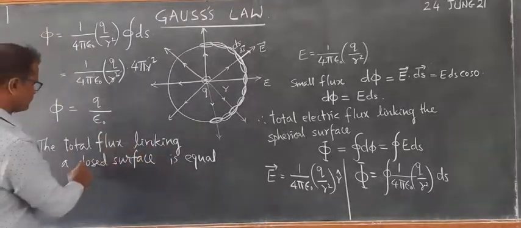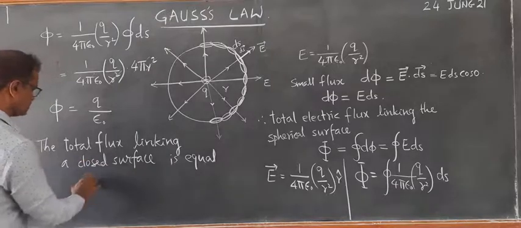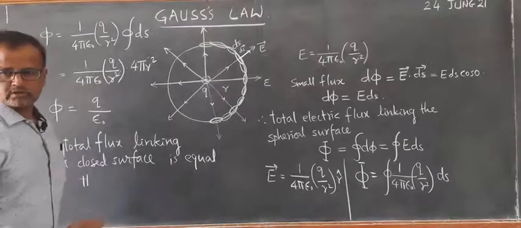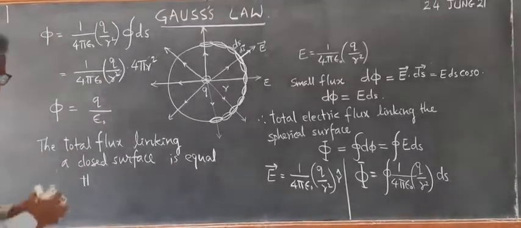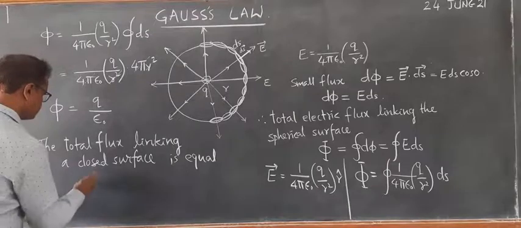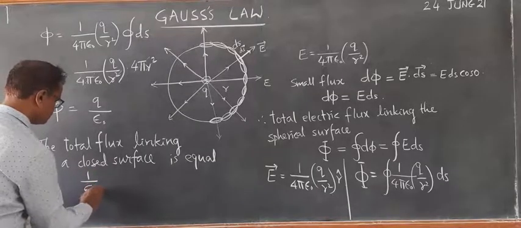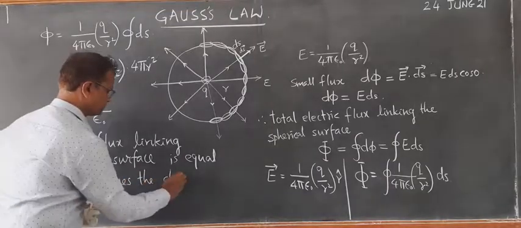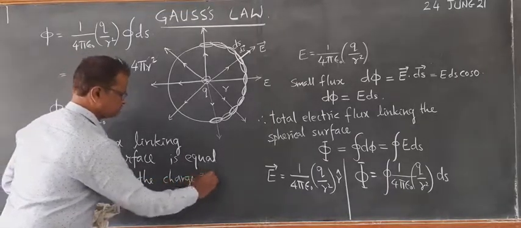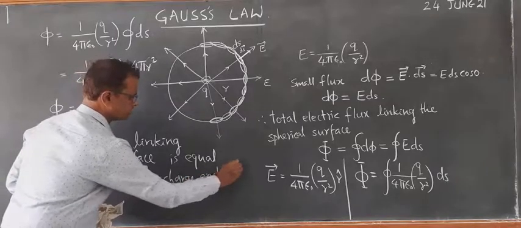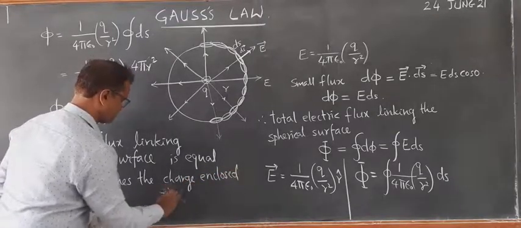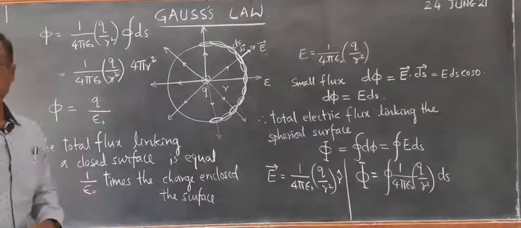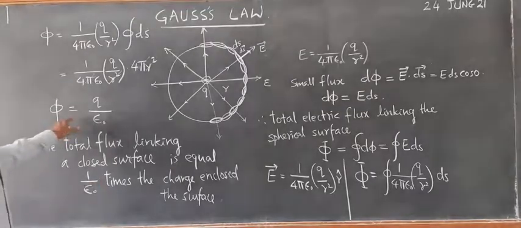So the total flux linking a closed surface is equal to 1 by epsilon naught times the charge enclosed by the surface. This is the equation for Gauss law.